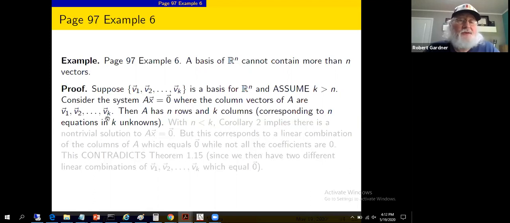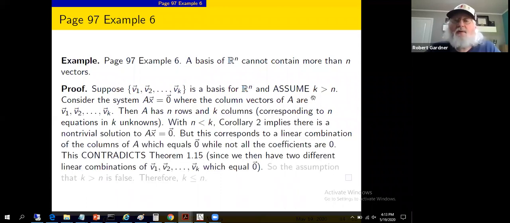These are the column vectors, and there are k of those. So we'll have n rows and k columns. In terms of the system of equations, that corresponds to n equations and k unknowns, where k is greater than n. So that's why it ties in with the stuff we just had. Let's reword it as n less than k, same as our hypothesis. With n less than k, we have fewer equations than unknowns.